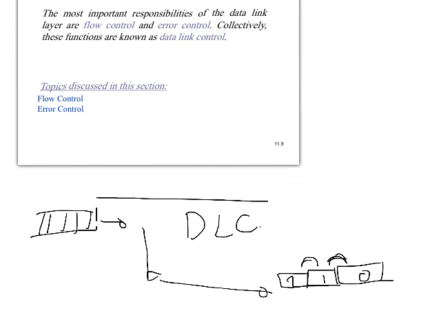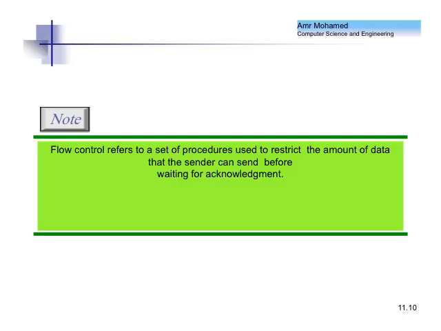Each one of these has a set of mechanisms, which we will talk about in the remaining part of this chapter. So flow control refers to a set of procedures used to restrict the amount of data that the sender can send before waiting for an acknowledgement. This is a scientific definition. The idea is basically that I'm controlling the flow that I send to the receiver.